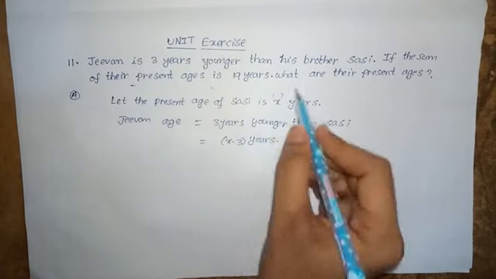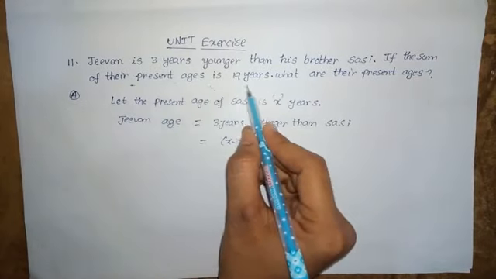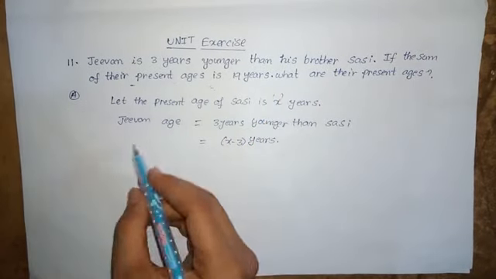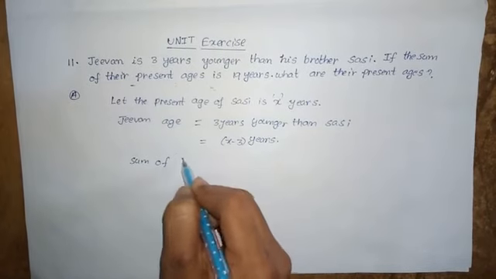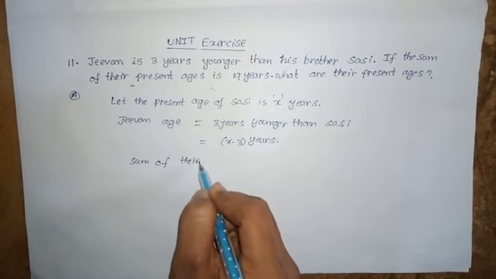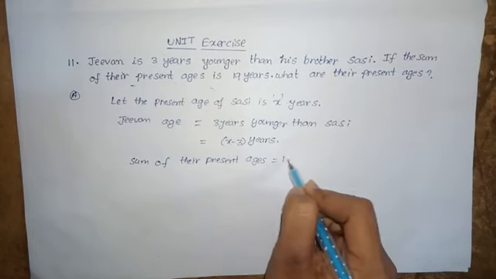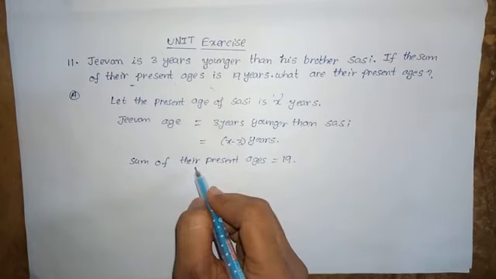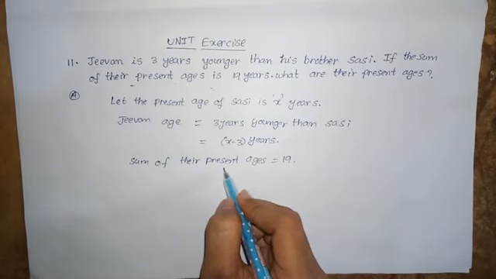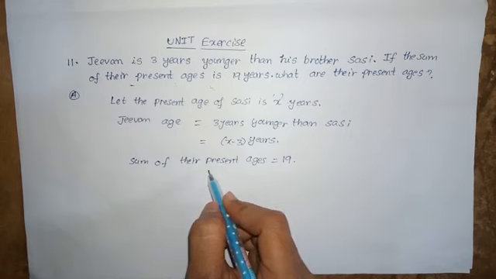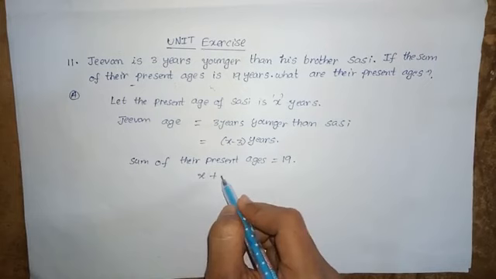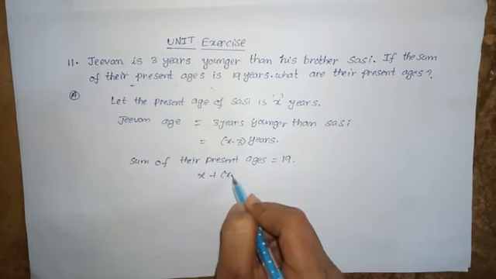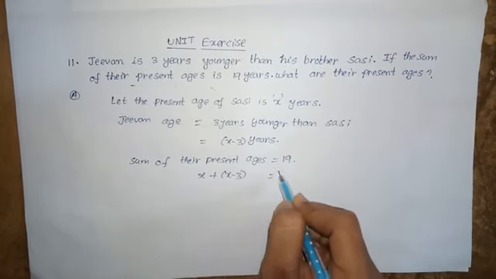So in the problem given, the sum of their present ages is 19 years. Sum of their present ages is equal to 19. So the sum of their present ages is nothing but Shashi's age plus Jeevan's age. So Shashi's age equal to x plus Jeevan's age equal to x minus 3 is equal to 19.